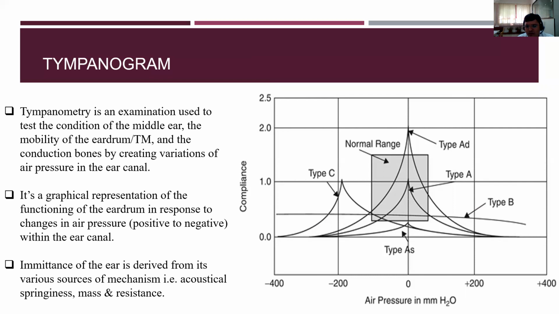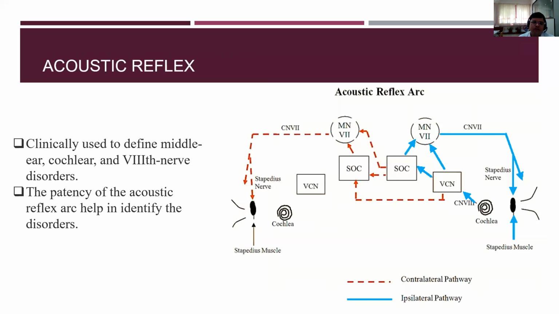Someone whose tympanic membrane mobility is limited, it's hypomobile, and ear ossicle movement is also restricted, you are expecting lower compliance, that is AS type, which is observed typically in otosclerosis. So clinically, this particular test is quite sensitive and significant when it comes to clinical use.